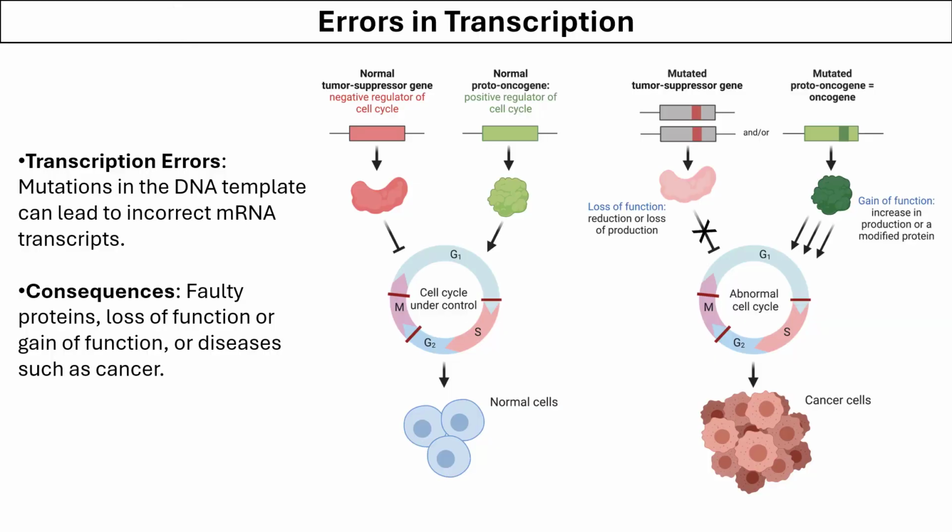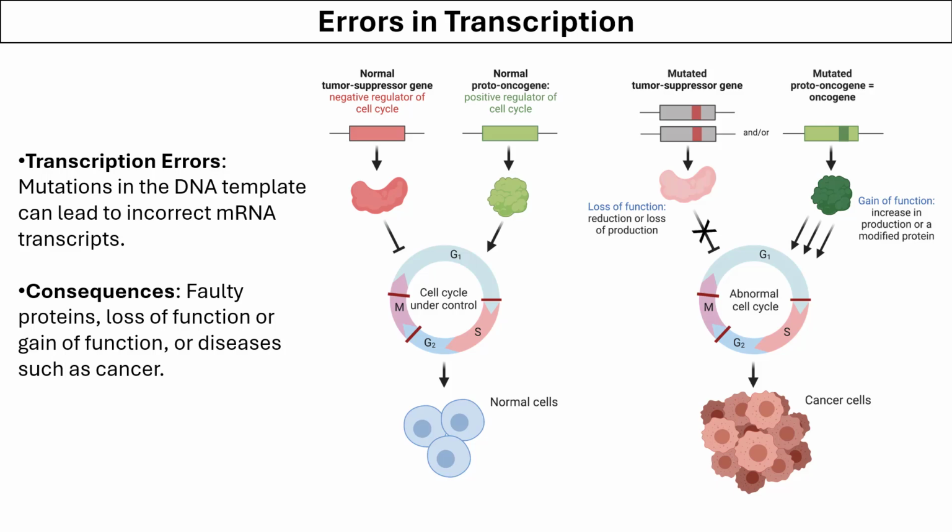Just like the errors in DNA replication, the errors in mRNA transcript formation can also lead to various problems, because this information has to be used for the synthesis of polypeptide chains, which in turn fold up to become functional proteins.